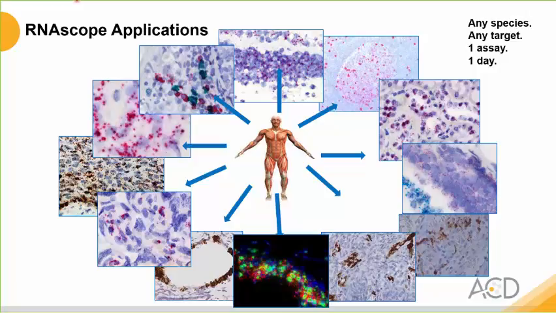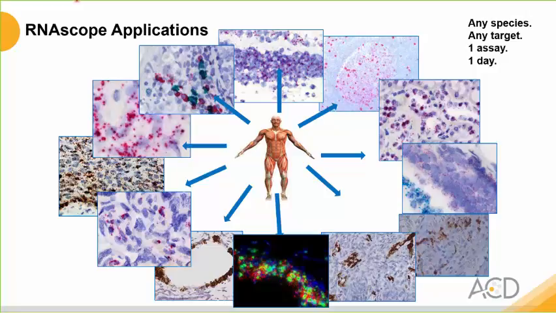So what we generally recommend is working with our customer support team to work on the pre-treatment conditions. Those can involve fixation times, which we just talked about. They can also involve the time that protease is used for digestion of the cells prior to the hybridization steps.